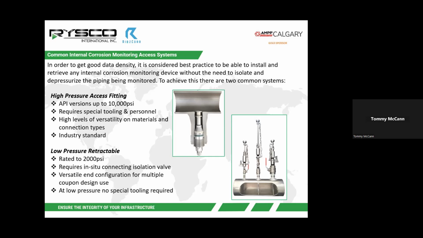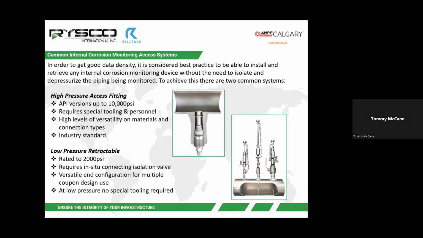There's a very high level of options on them for materials and the connection types. Most common connection type globally would be the flare weld. After that would be a flange, and not many people would disagree that that's the industry standard. There will be some, but not many.